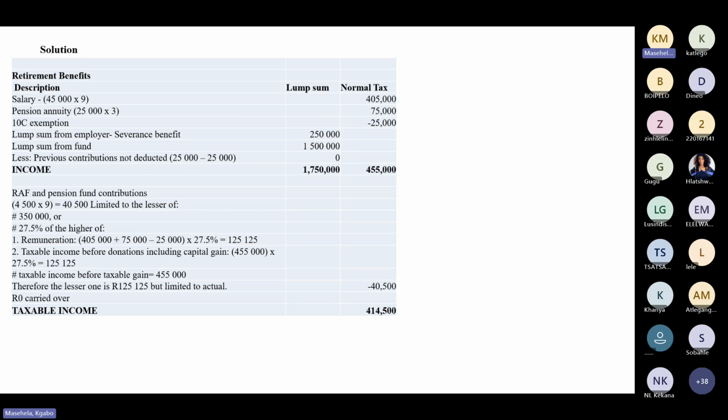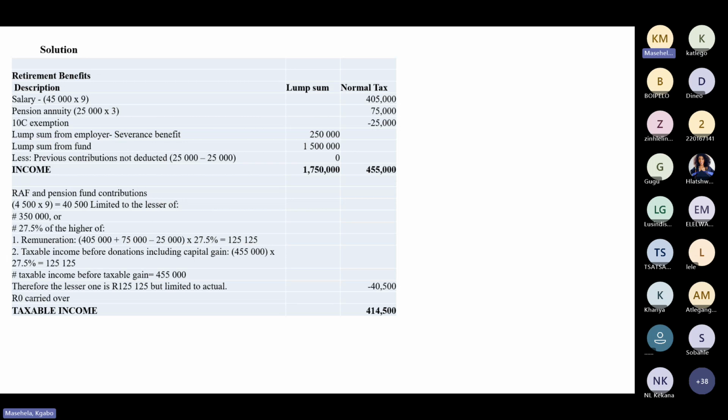Because you can identify which amounts form part of your remuneration. That is what we want from you. Identify which amounts form part of remuneration. That's why they say the first option is the remuneration, what consists of remuneration in your calculations. Yes, we have stated them, and multiply by 27.5%.